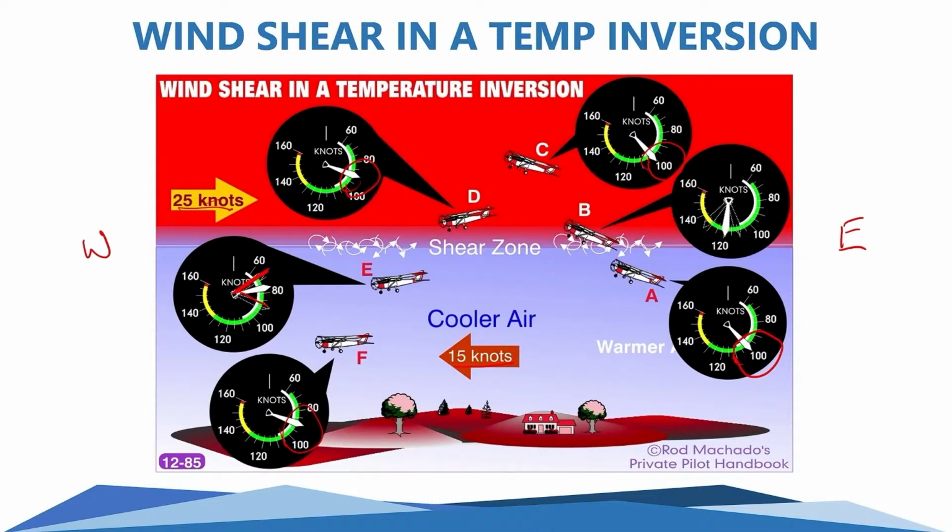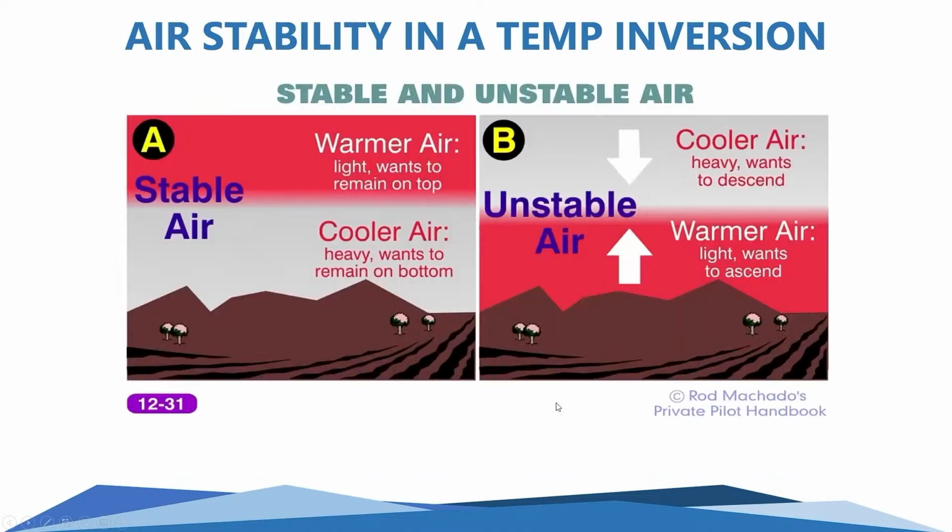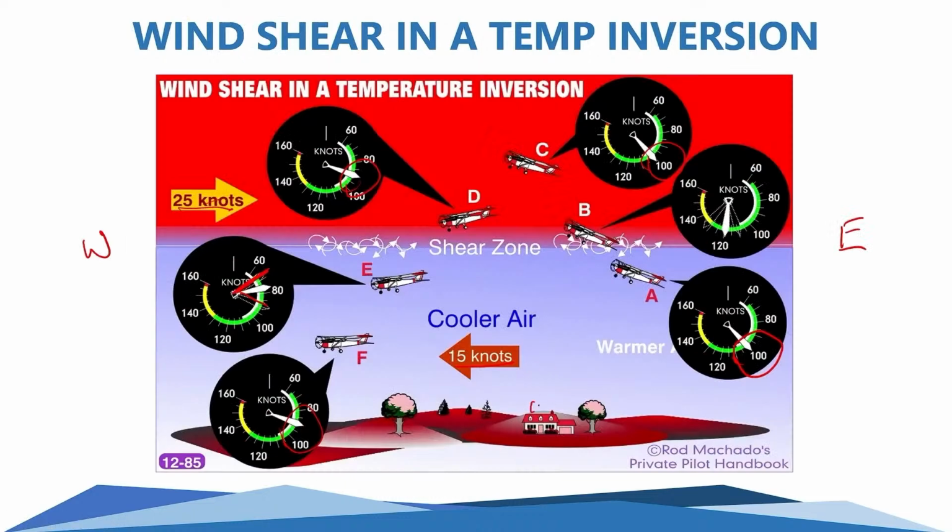So that temperature inversion, all that red, is going to trap in all of the pollutants from the houses or whatever else they're creating here. And in the cooler parcel of air, not only is all that stuff being trapped in, but the air is going to be relatively smooth and not turbulent. Okay, so that's the reason why it's smoother.